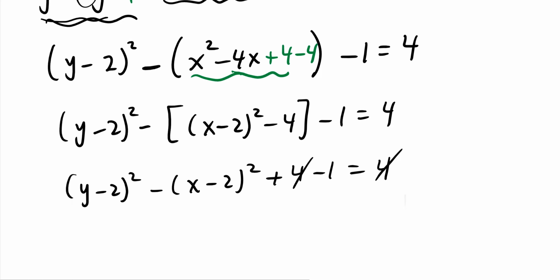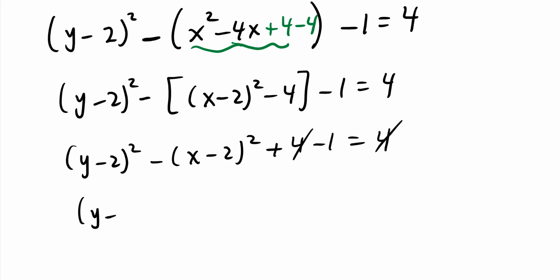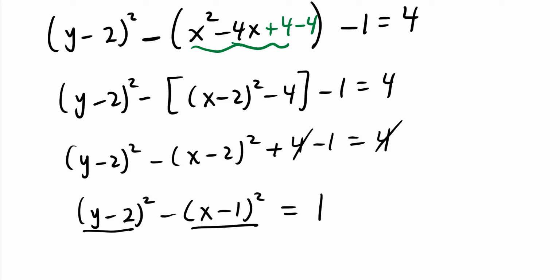These cancel out if you subtract. So you get y minus 2 squared minus x minus 1 squared equals 1. Add 1 to both sides. Notice a squared and b squared both of them are 1s, which is okay. This has a specific name in mathematics called an equilateral hyperbola.